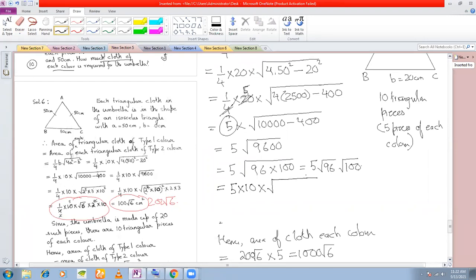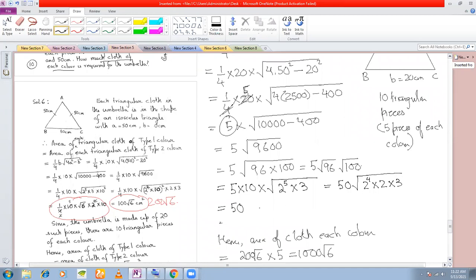You prime factorize 96 to be 2 to the power of 5 into 3. Because there's a square root, we'll take only the even powers. So 2 to the power of 5 can be written as 2 to the power of 4 into 2 into 3, right?